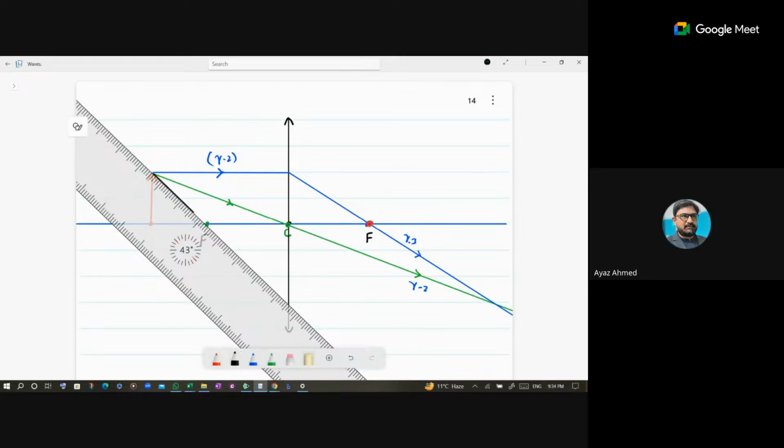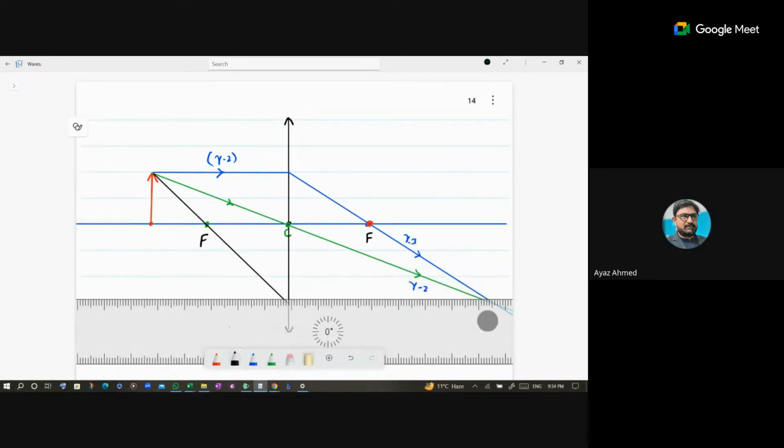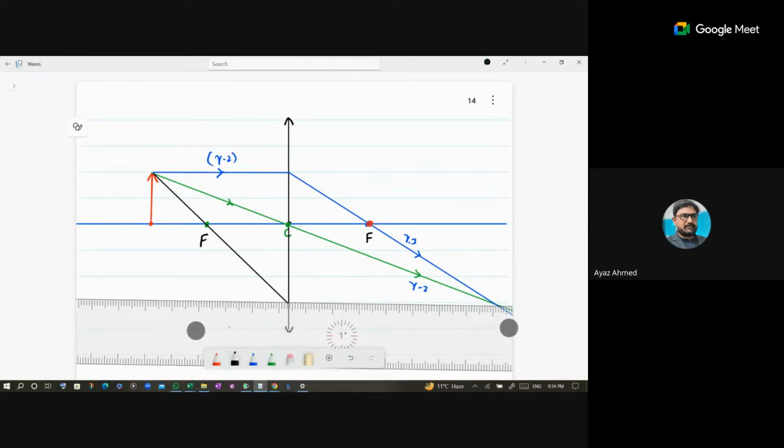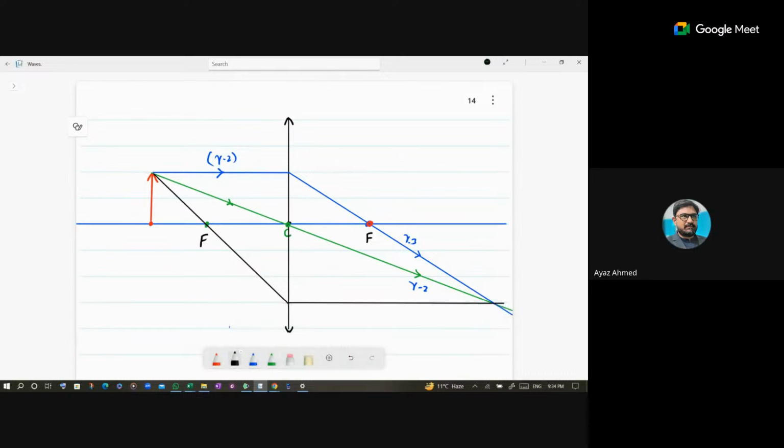You can draw this one as well, but no problem at all. This will give you the same point of intersection over here. So that's why I told you that there is no need to worry about this ray. It gives you the same position of intersection.